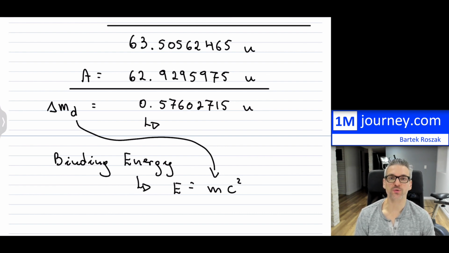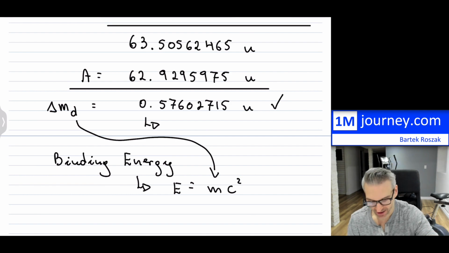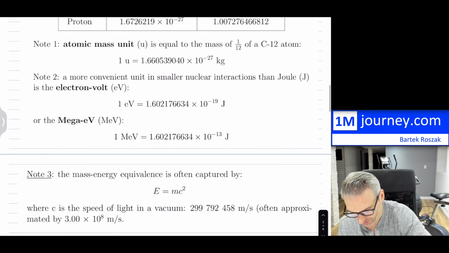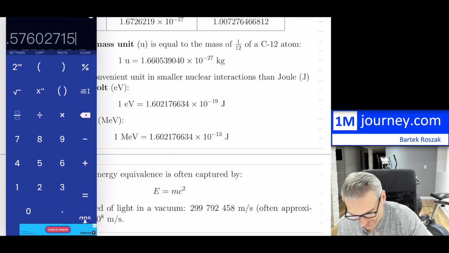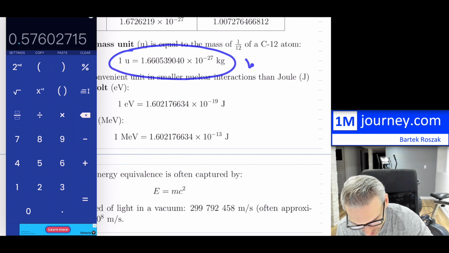However, we do need the metric standard unit, so I can't keep this in atomic mass units. I have to change it back. I have it on the calculator, and I'm going to substitute. Notice right here, I'm going to do the unit conversion in between the two.